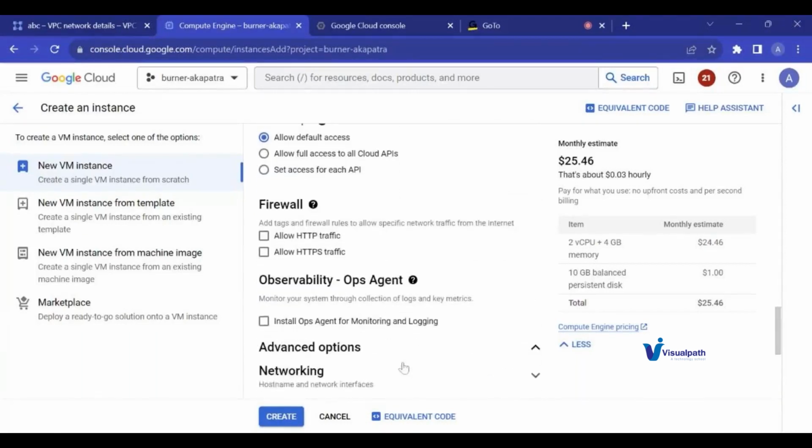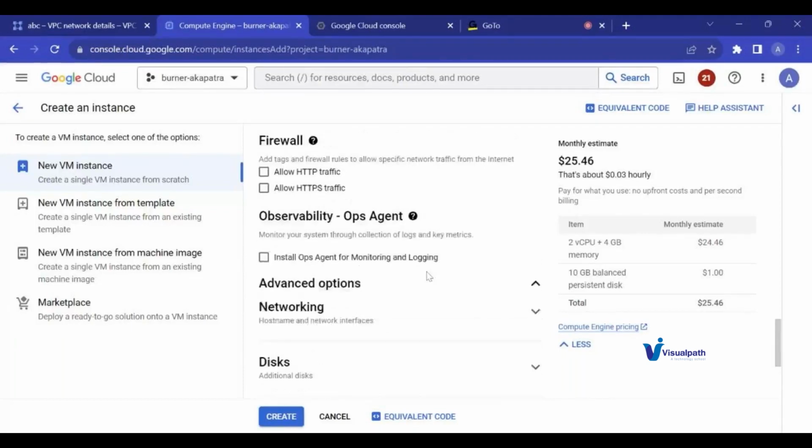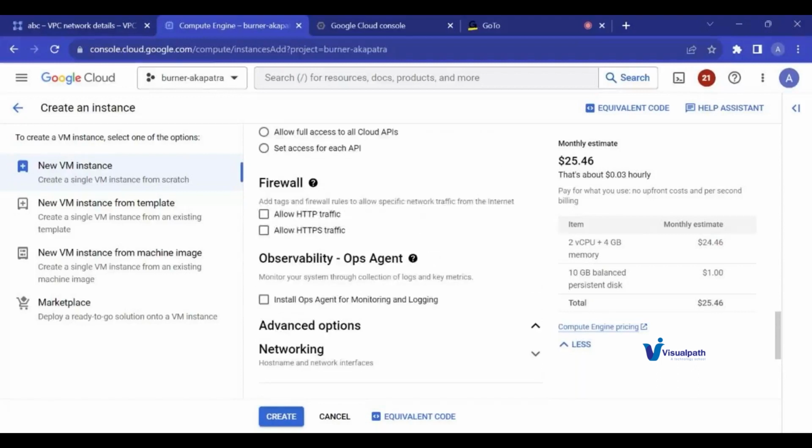So what I am doing is I'll create two instances. One will be hosted in my default VPC. I've not talked about compute engine on a higher level. I'm taking this just to show you the examples and the use case.